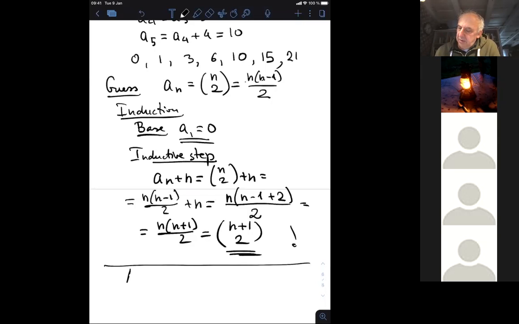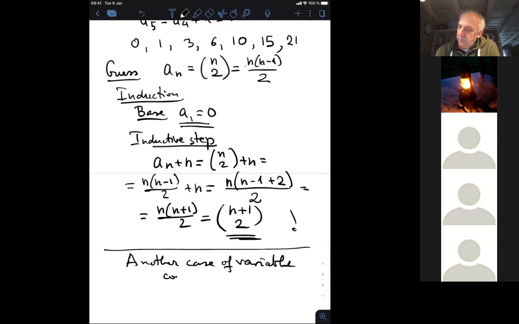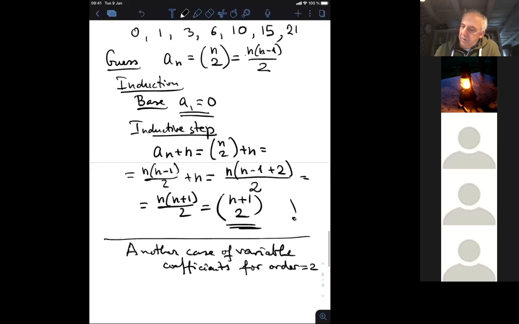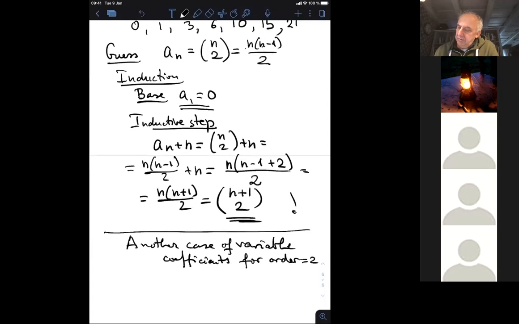So another case of variable coefficients for order 2 is something like a n plus 1 equal to some q, which will depend on n, times a n.